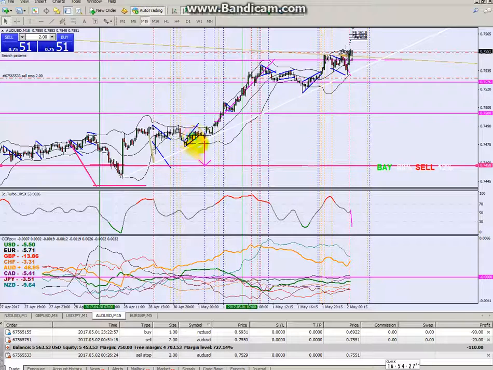This little triangle here is a wolf pattern. Basically every time it tells me to go down, it goes up. So indicators aren't very trustworthy. Where was we?